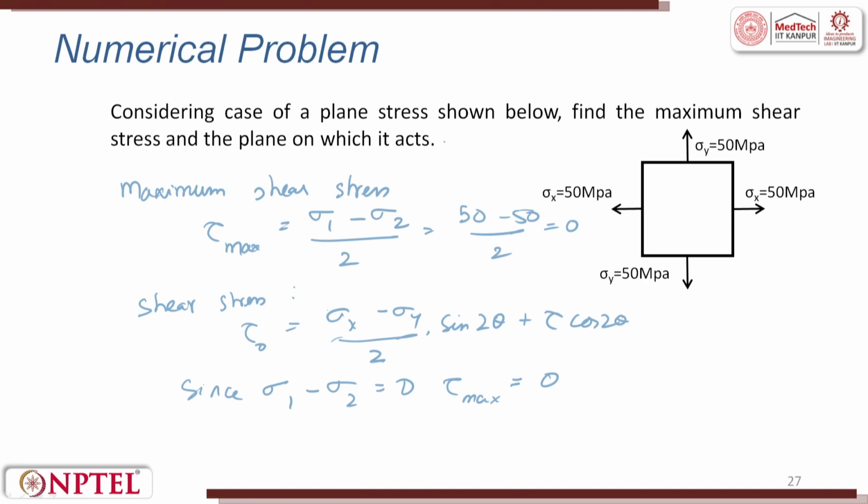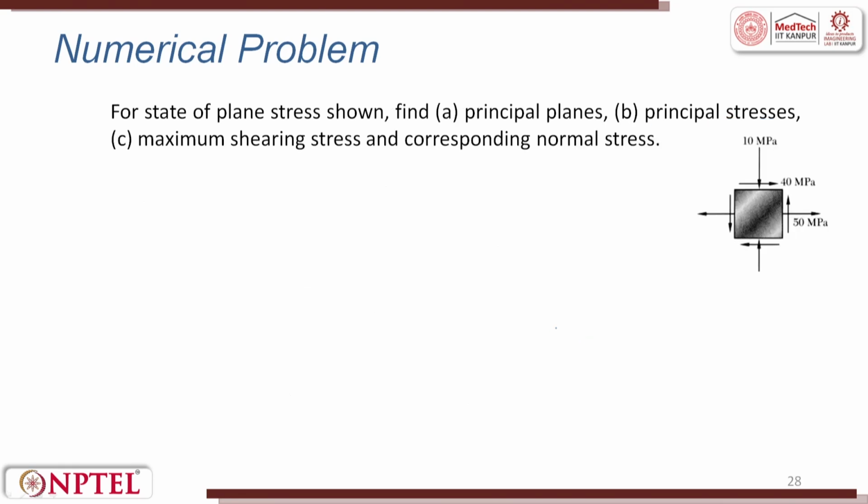Okay. So, plane stress condition shows the maximum shear stress. So, we will try to find out the shear stress through this formula acting on it. So, the shear stress is going to be defined like this. Let us try to solve one more problem.